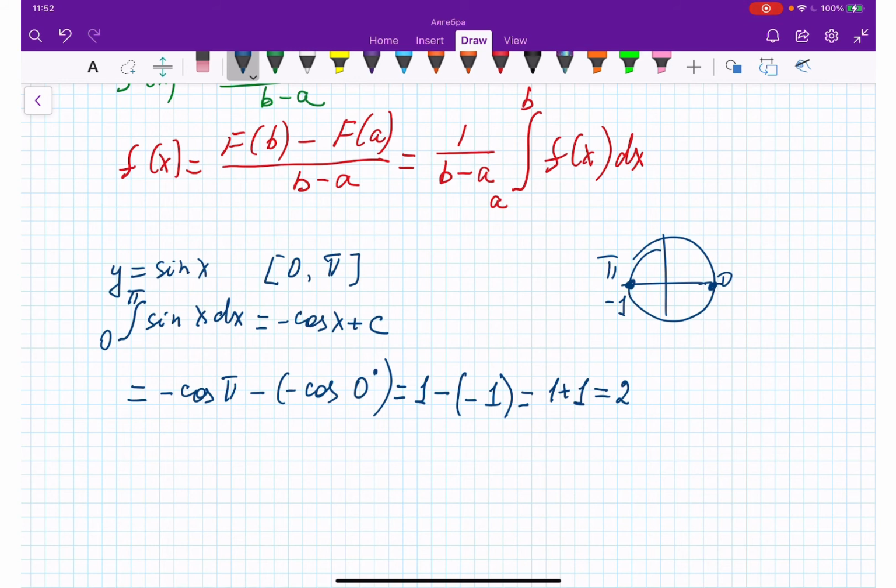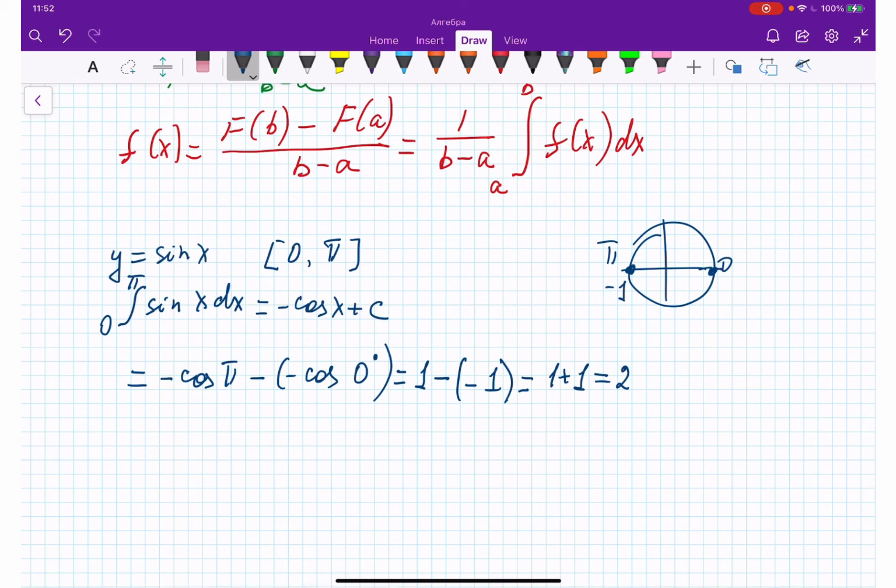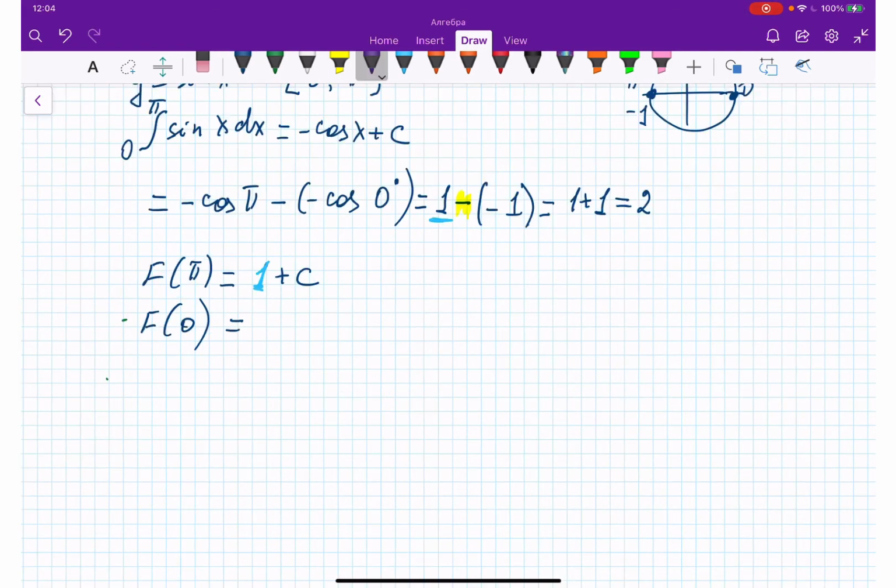Here is what's going to happen. If I take, let's say, antiderivative f of pi, it's going to be equal 1 plus c, right? Because cosine pi, it's going to be positive 1. And f of 0, antiderivative, which is negative cosine of 0 equal 1. But because we have here negative cosine 0, we are going to get negative 1, right?